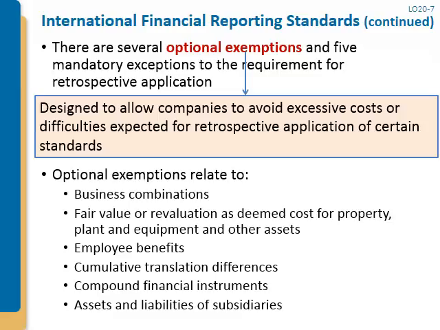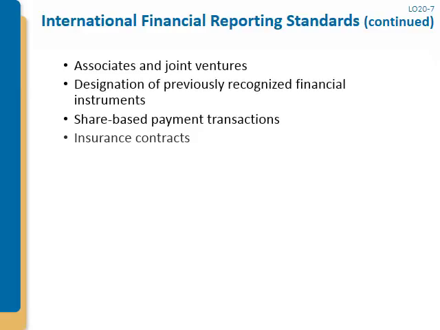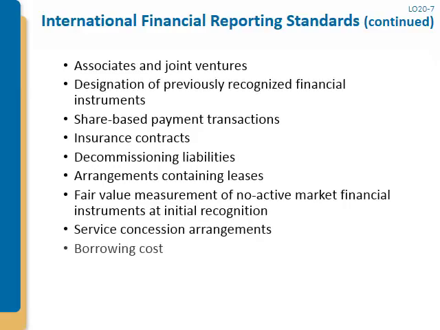The optional exemptions relate to A. Business combinations. B. Fair value or revaluation as deemed cost for property, plant, and equipment and other assets. C. Employee benefits. D. Cumulative translation differences. E. Compound financial instruments. F. Assets and liabilities of subsidiaries. G. Associates and joint ventures. H. Designation of previously recognized financial instruments.